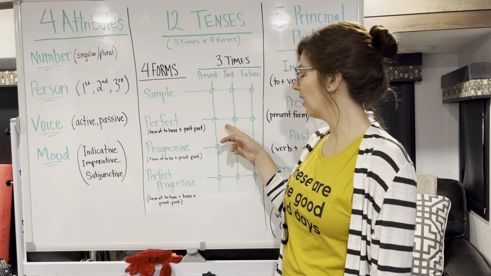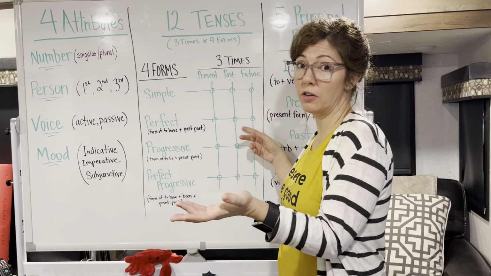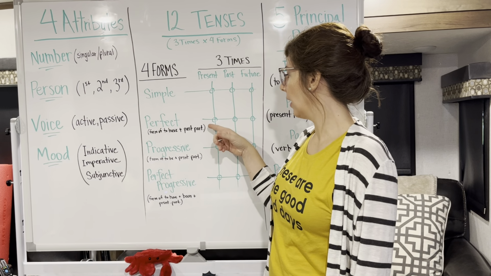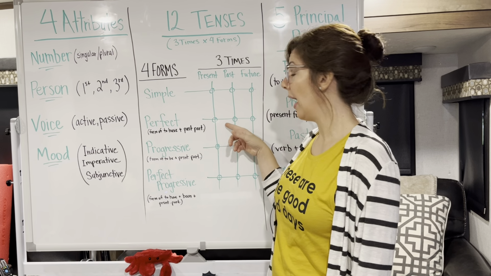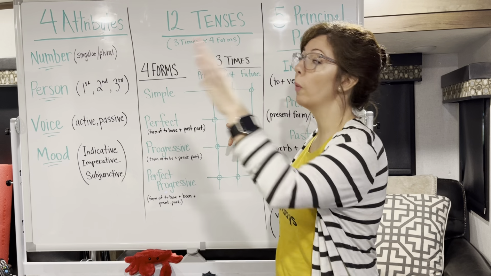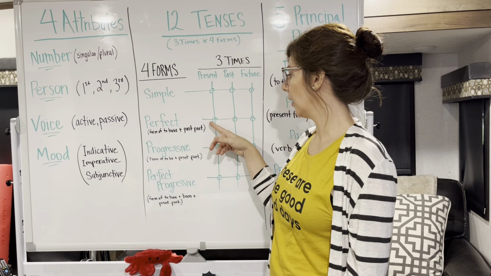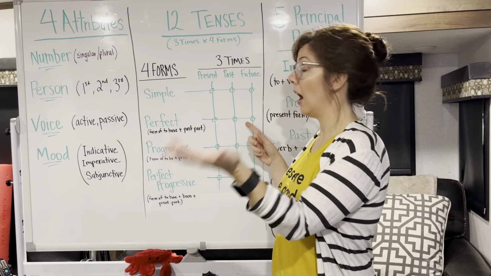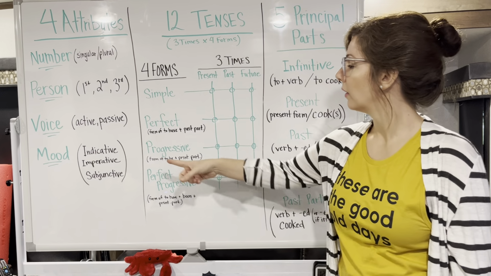For past, I had cooked. And for future, I will have cooked. I have baked, I had baked, I will have baked. I have crafted, I had crafted, I will have crafted.